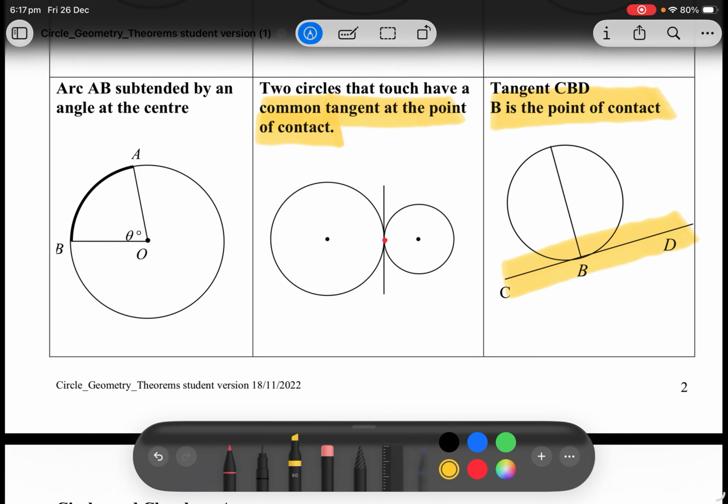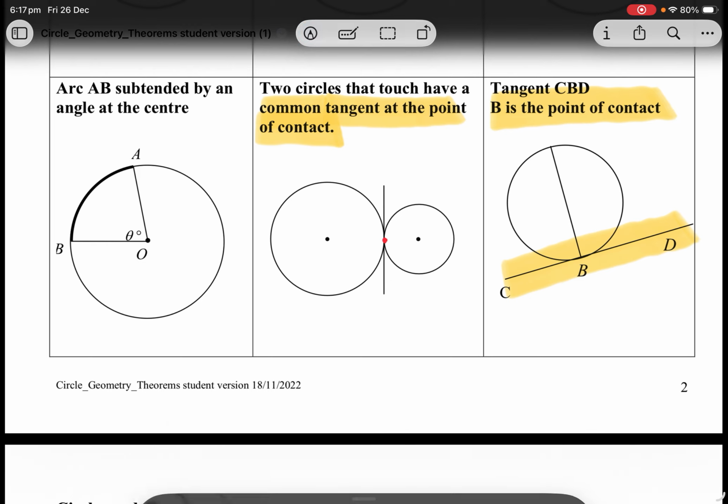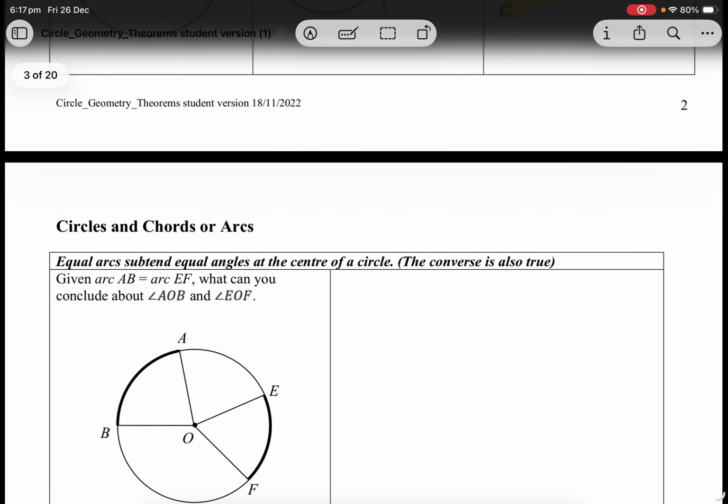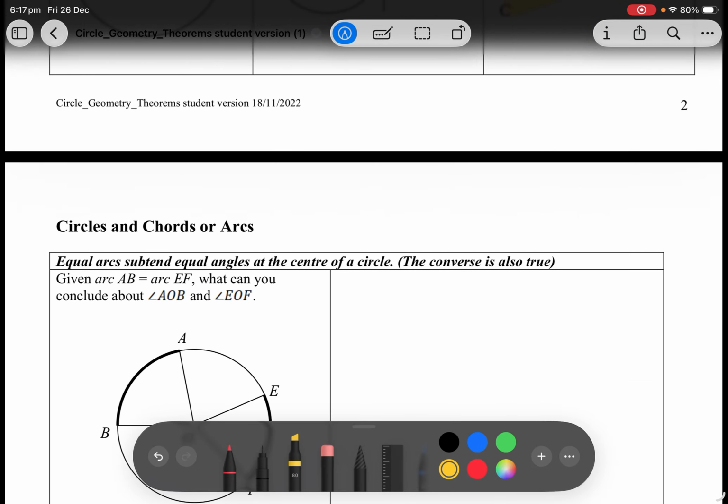One more thing I'm going to quickly go over, just to end this video before we get into the theorems, is a word that's going to keep coming up. You will see this word converse coming up a lot. Just to define this, the converse of a conditional statement is created by swapping the hypothesis and the conclusion.